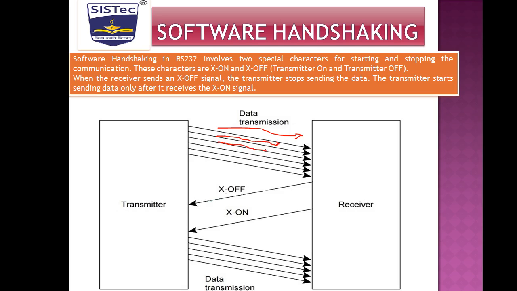But once the receiver generates an XOFF signal, that is used to tell the transmitter not to send any data. So the transmitter stops the data transmission, that is, it doesn't transmit any data to the receiver until it receives the XON signal from the receiver. Once the transmitter receives the XON signal from the receiver, then it further transmits the data to the receiver.